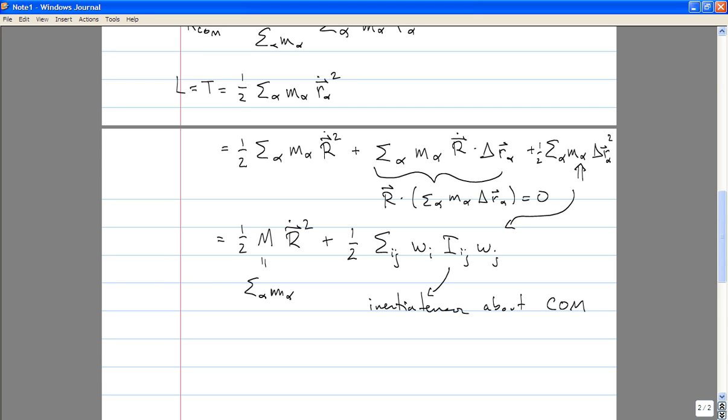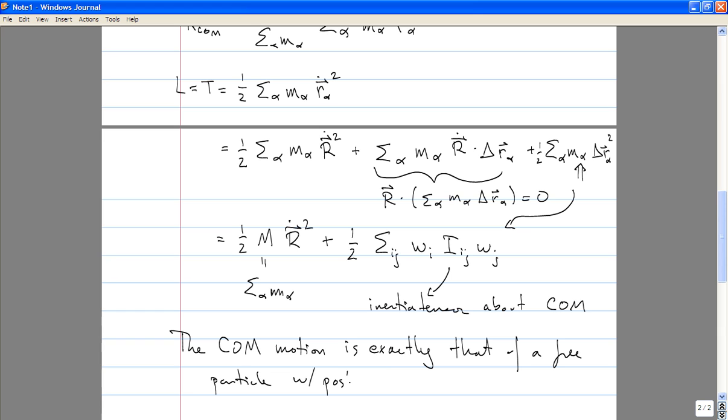So this is really the utility of the center of mass coordinate, because we see that the center of mass motion is exactly that of a free particle with position given by the center of mass position and mass given by the total mass. And the rotational factor completely factors out.